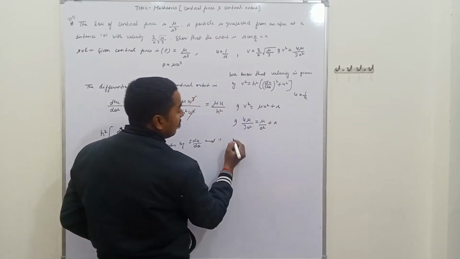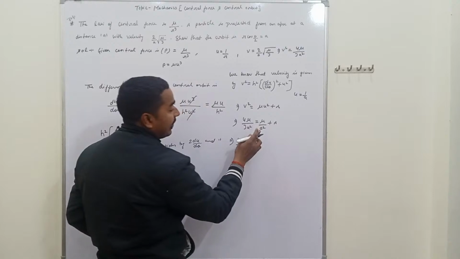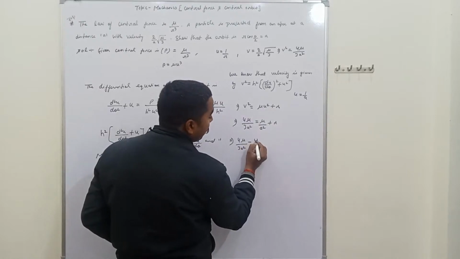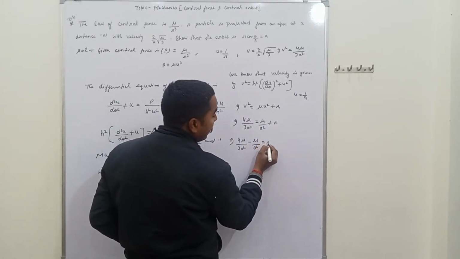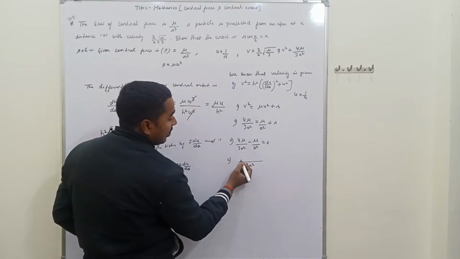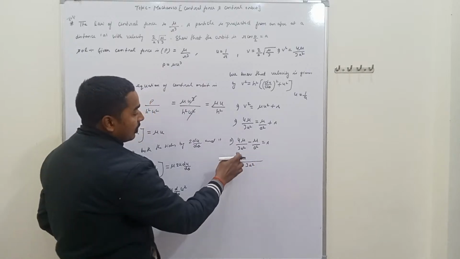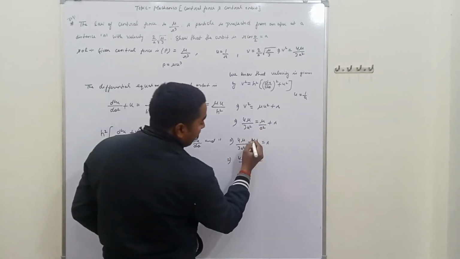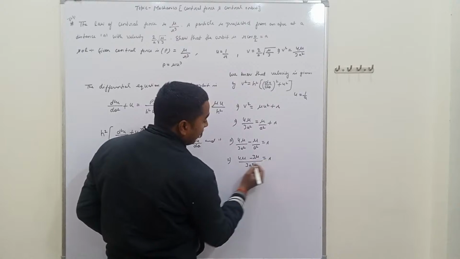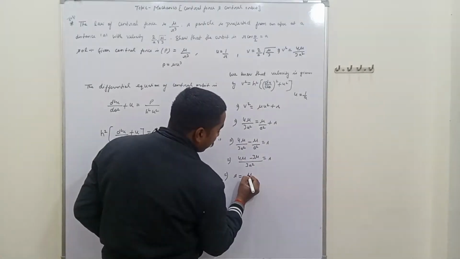Further, we have to find the value of a here, that is 4 mu upon 3a square, and plus of mu upon a square is taken to left hand side, that is mu upon a square is equal to a, and taking LCM here, that is 3a square, here is 4 mu, and here 3 is not present, so I have to multiply minus of mu with 3, that is 3 mu, and from here the value of a is 4 mu minus 3 mu, that is mu upon 3a square.